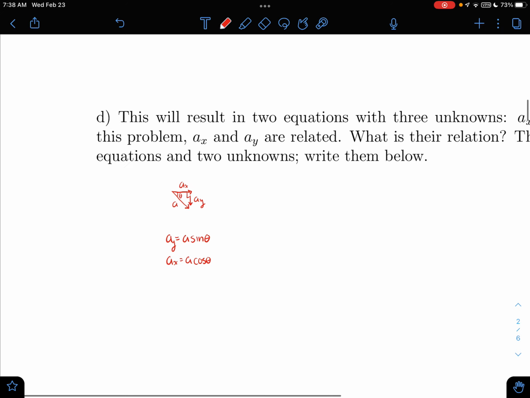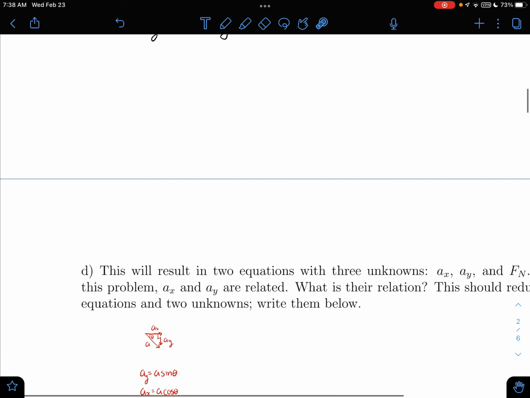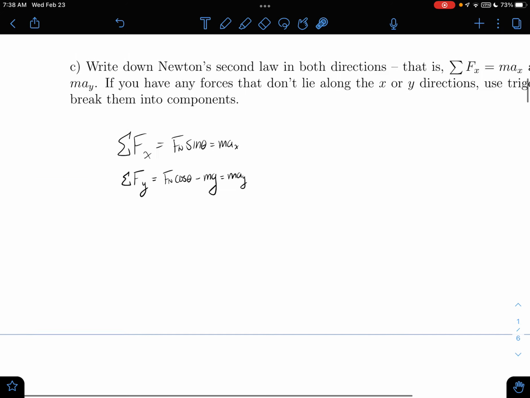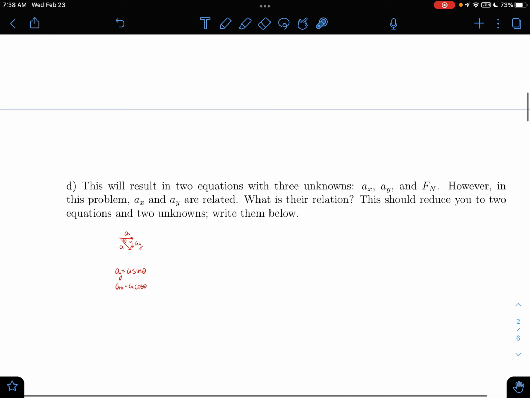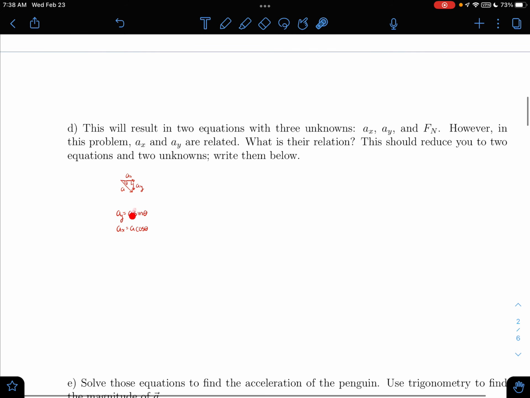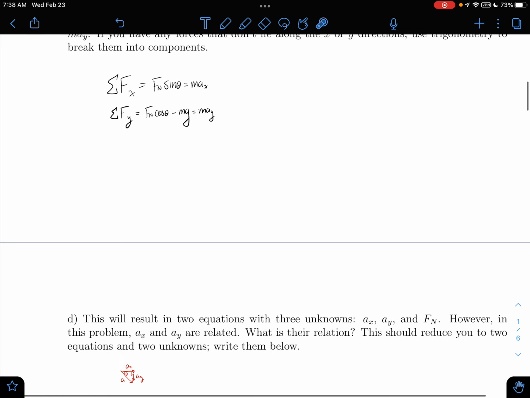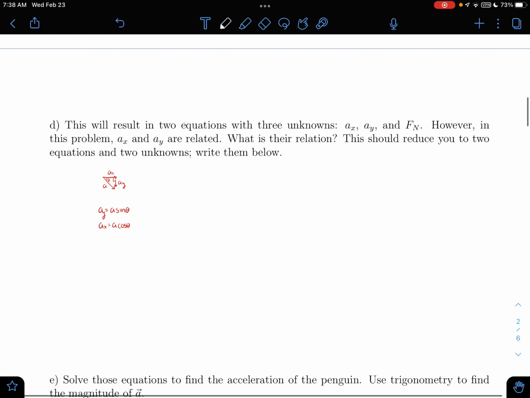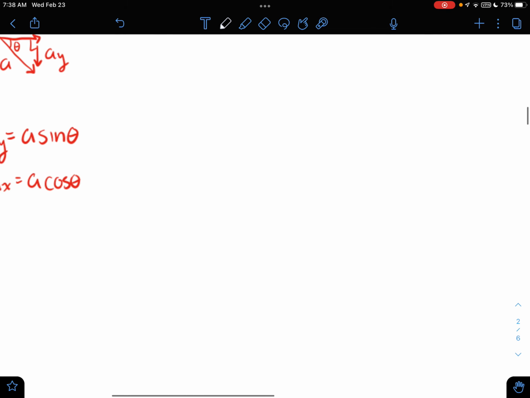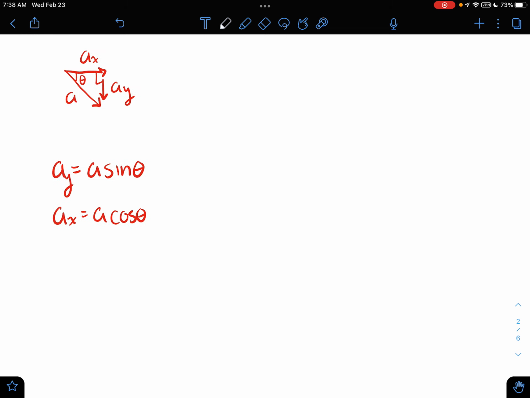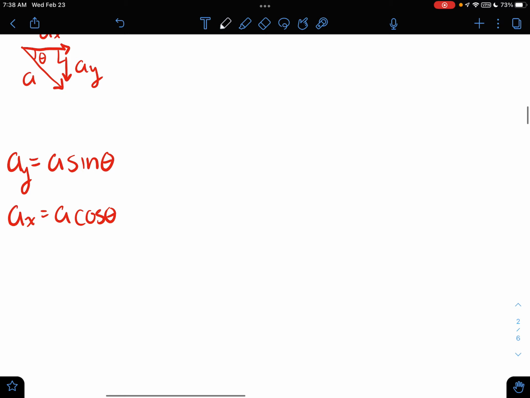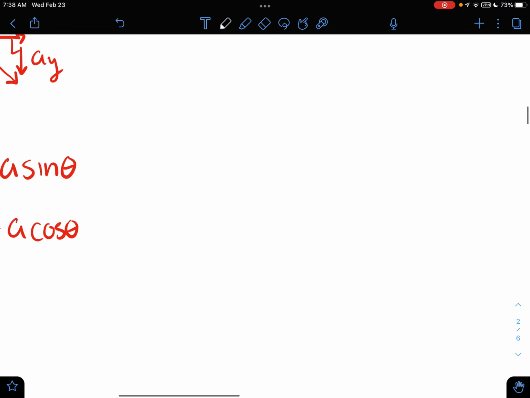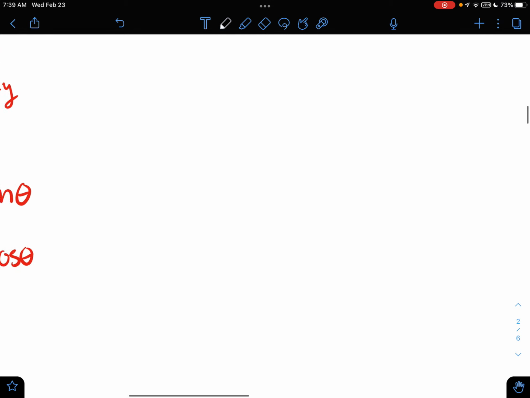Okay. So now we have 4 equations and 4 unknowns. Because we had 3 unknowns, and then I introduced this new one that's just the acceleration. But I added 2 new equations, so it doesn't matter that I added that one new unknown, because it added the right amount of equations for our unknowns.